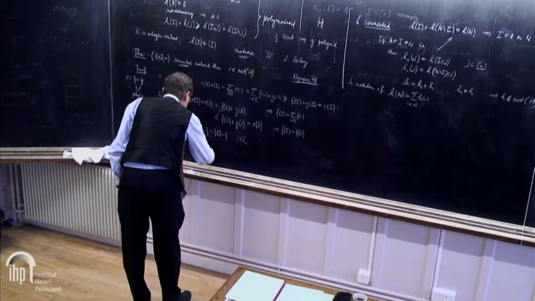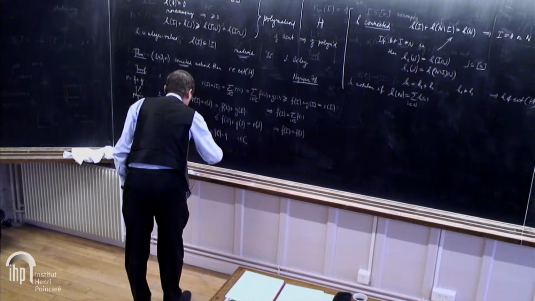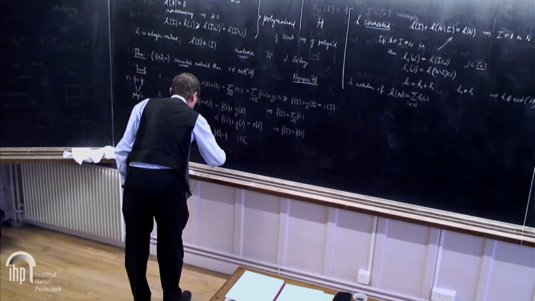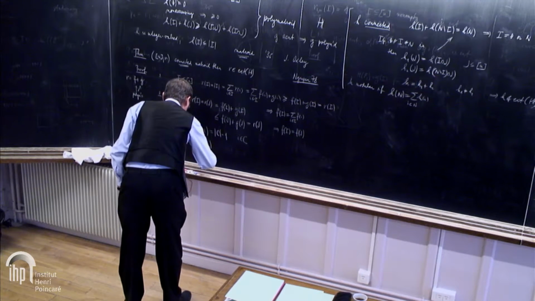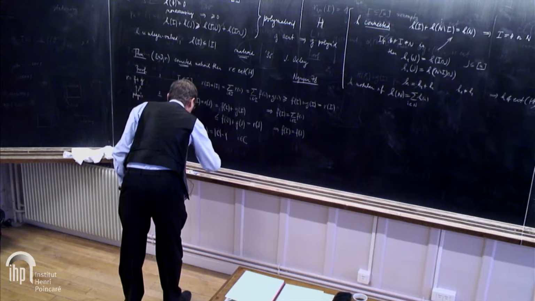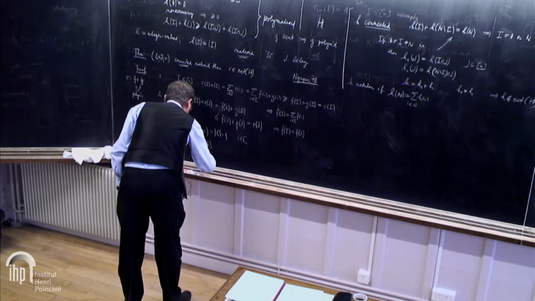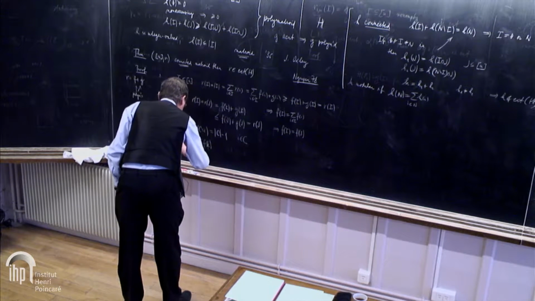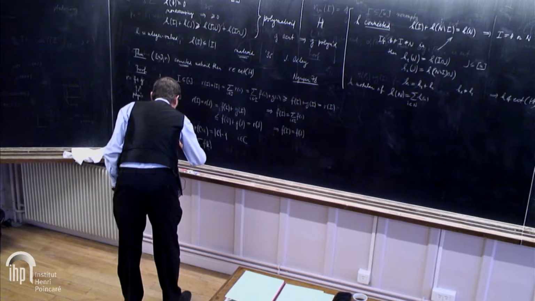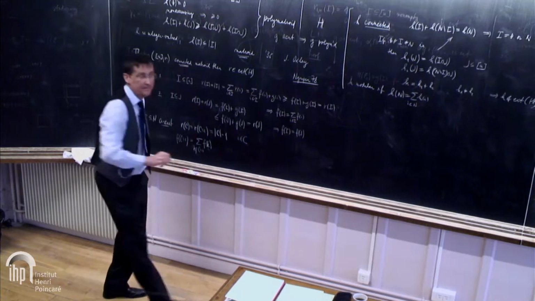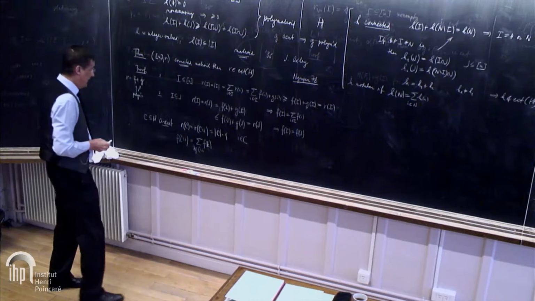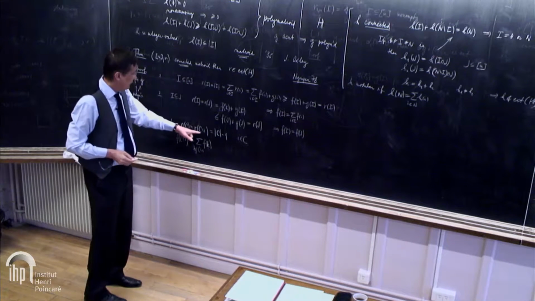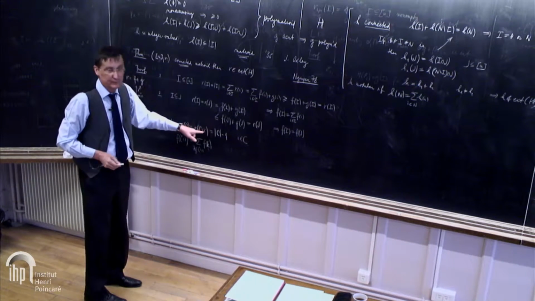Then I know that the sum of Fk over k in C minus i is F of C minus i. And this is from observation 1, from this equality.